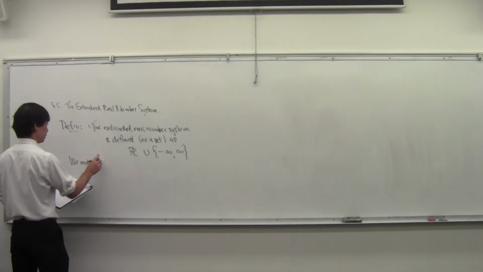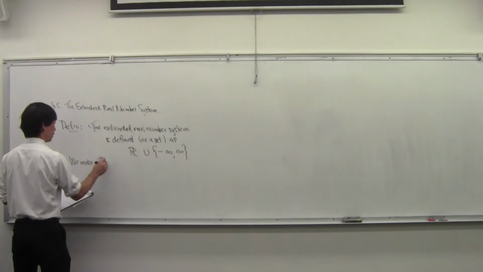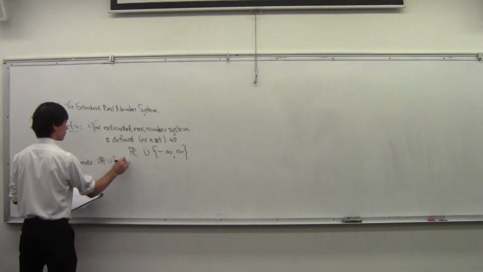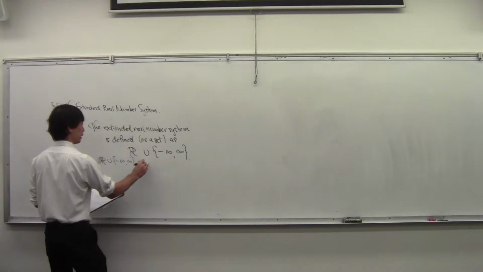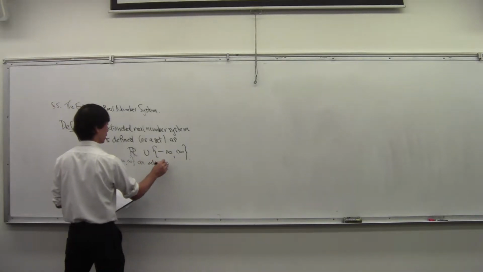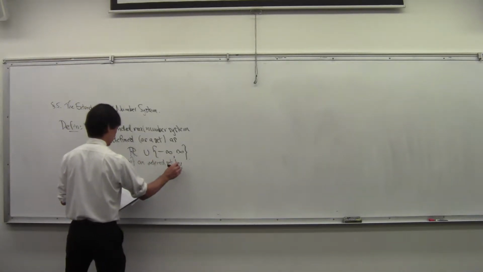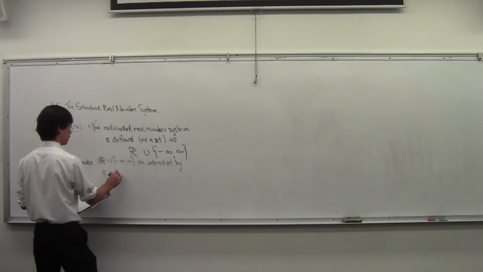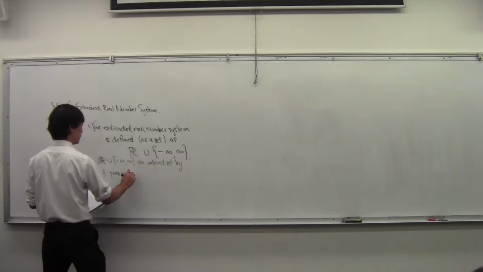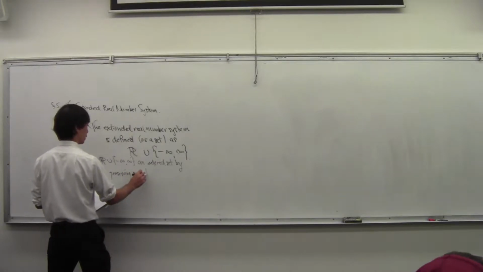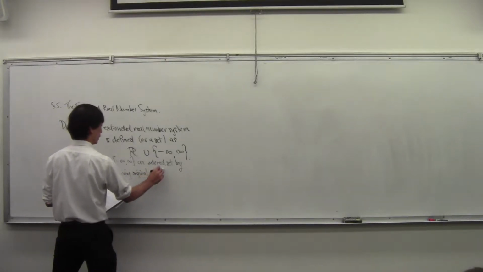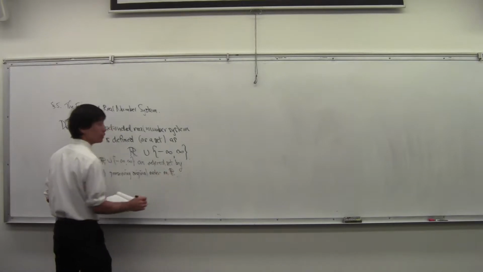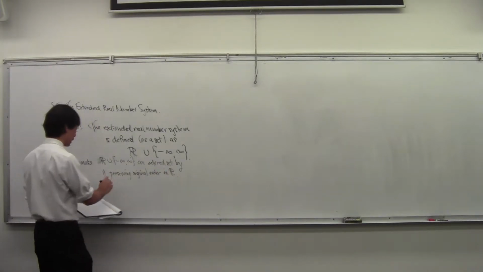We make the extended reals an ordered set by, one, preserving the original order on R. Just use the same old order that we had at the beginning.